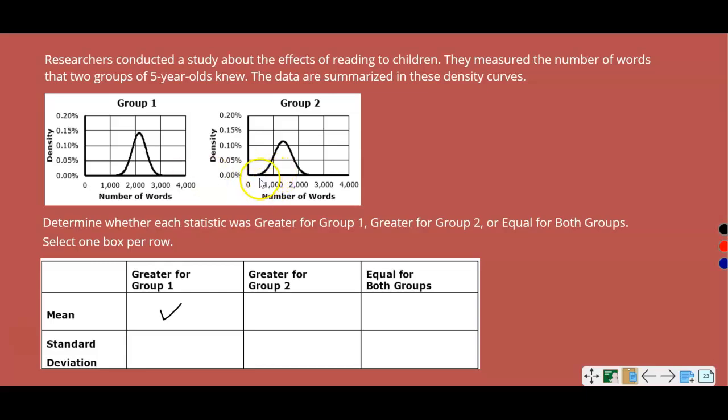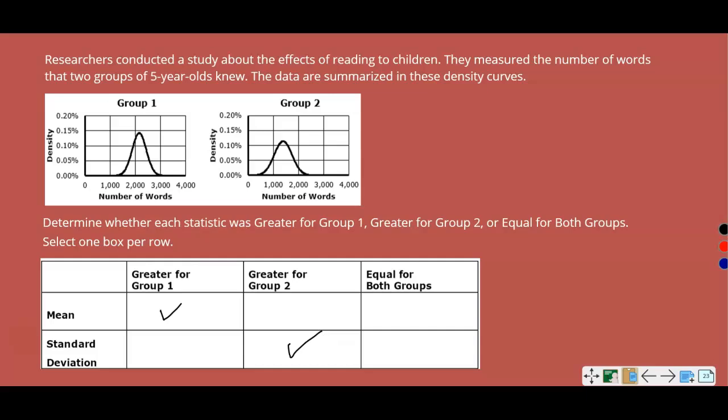And if we look at this one here, it goes from about 500 to about 2,500. So this one goes a little bit wider. It's not quite as tall, but it's a little bit wider, which means the standard deviation is a little larger. So group 2 would have a larger standard deviation.